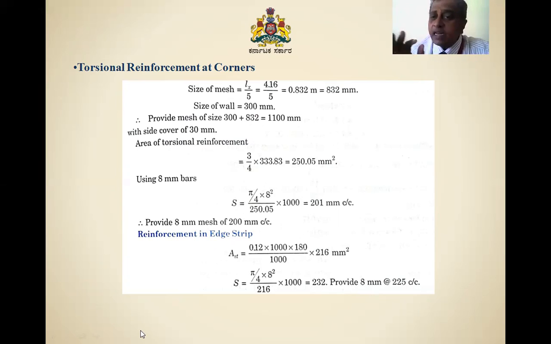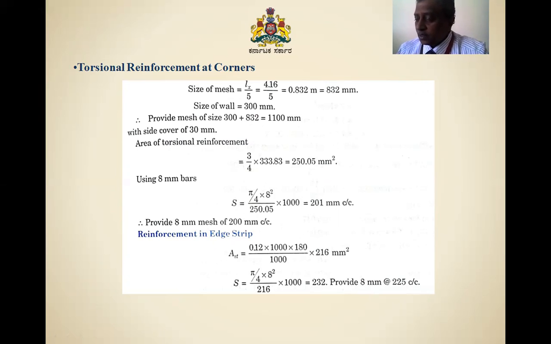What is the area of torsional reinforcement? 3/4 of the shorter direction steel, Astx. Astx required is 333 mm square. 3/4 of 333 is 250. Provide 8 mm dia bars. The spacing required is 200 mm.